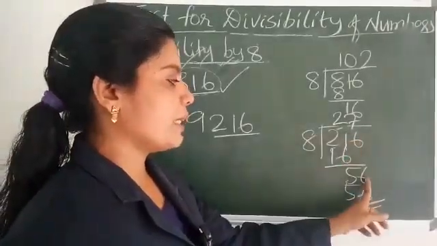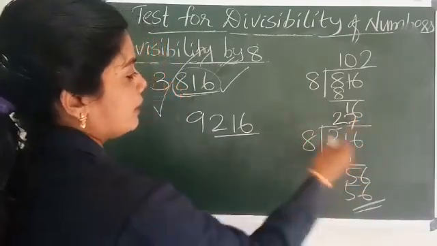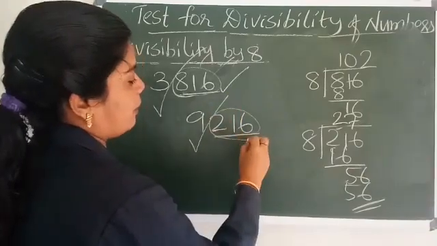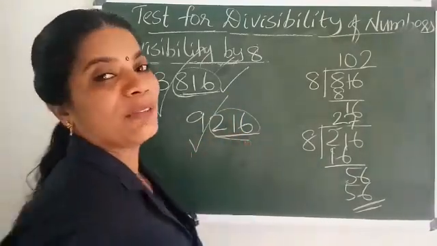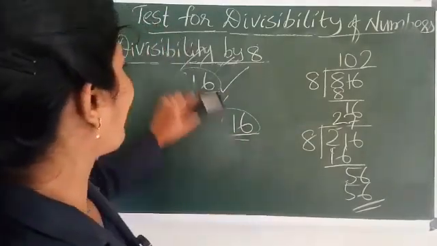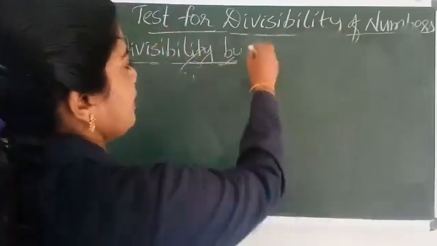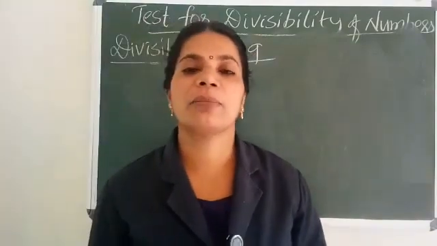Remainder 5, bring down 6, 56. 8 how many times? 7 times. That is, we can say the last 3 digits are divisible by 8. Therefore, 9216 is divisible by 8. Clear?